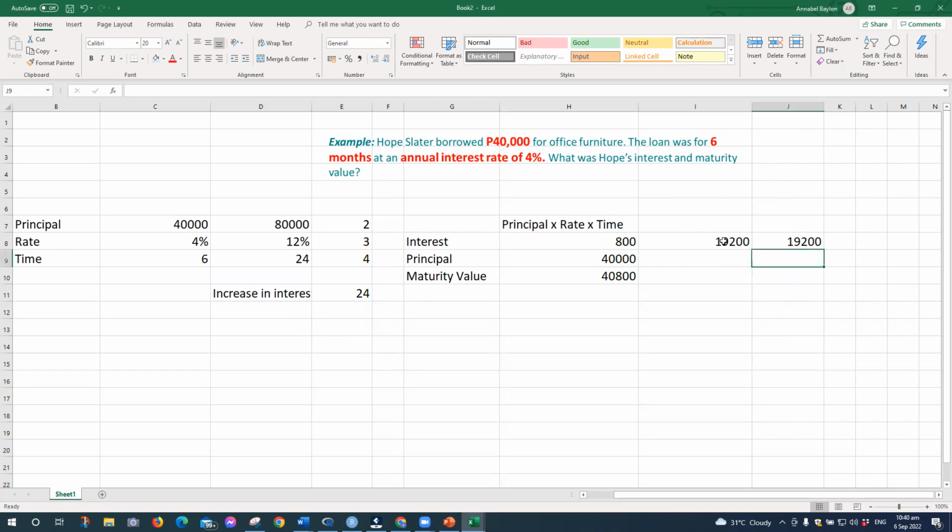So we were just looking at this. The interest will increase by 24. So we were looking at the relationship between the interest and the principal, rate, time. These are factors. Any amount of increase in any of these factors will also lead to the same amount of increase in your interest.